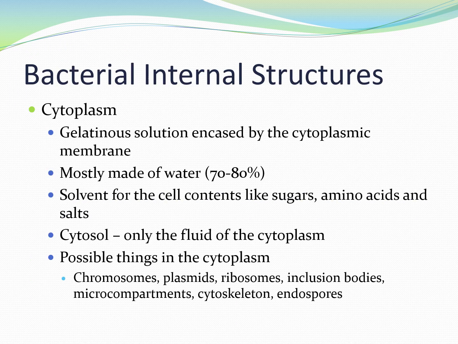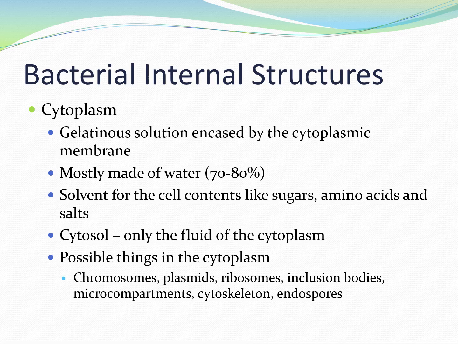All right, so we are moving to the internal structures of bacterial cells. So this is that last part of the structures. So we want to talk about the cytoplasm first. The cytoplasm is going to be that cell gel, I like to think of it as, that is going to be found inside of the cell.